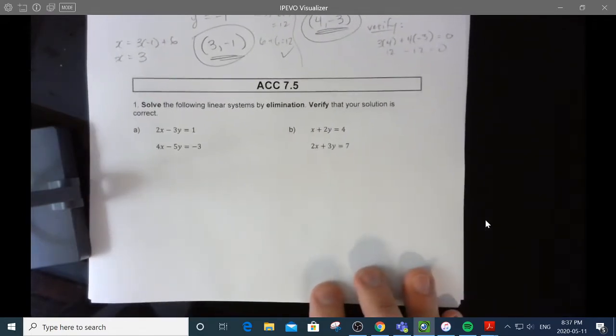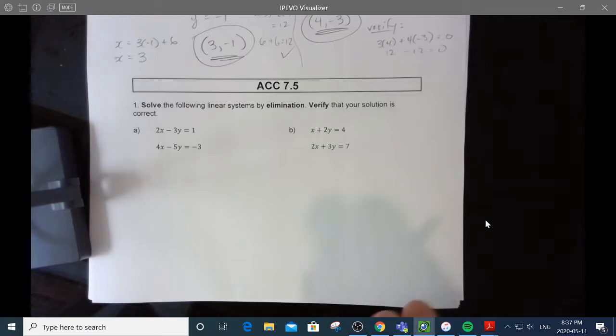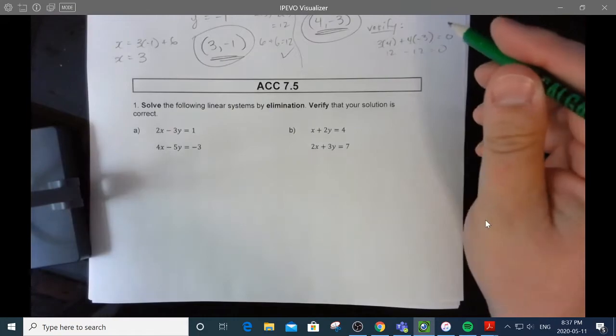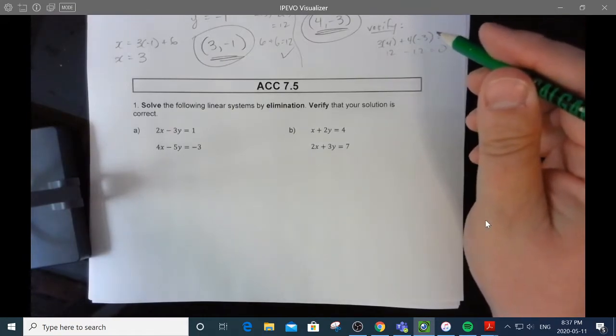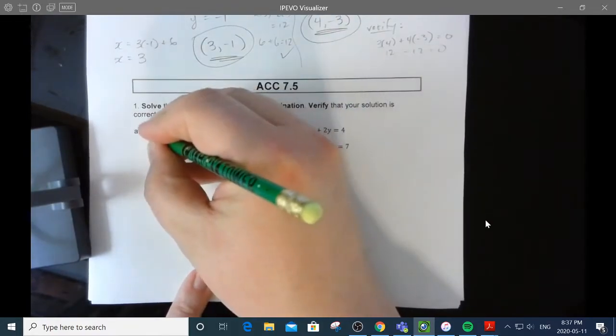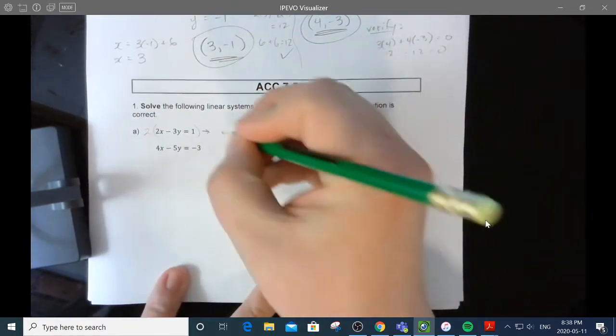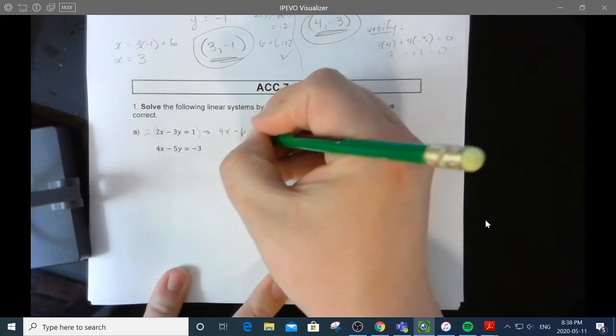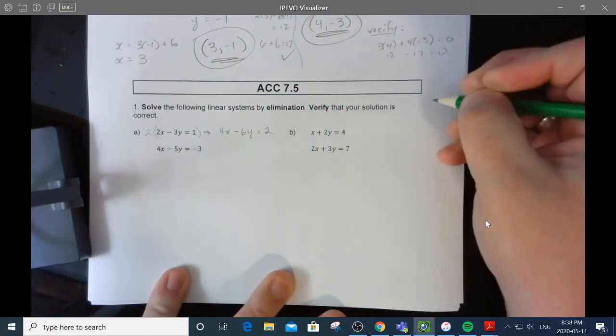Now let's use the add-subtract method, or as your textbook calls it, the elimination method. Let me sharpen my pencil here. All right. So what can we eliminate? Well, nothing eliminates just by adding and subtracting. But if I multiply this whole equation by 2, it becomes 4x minus 6y equals 2.